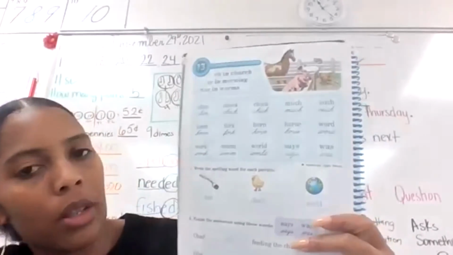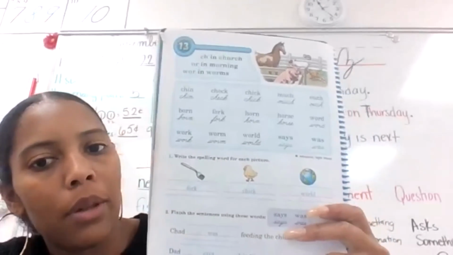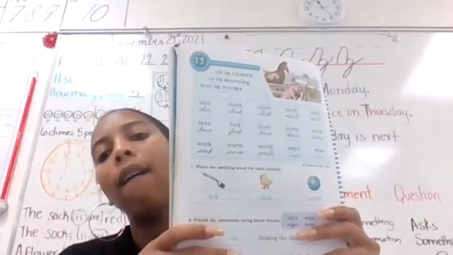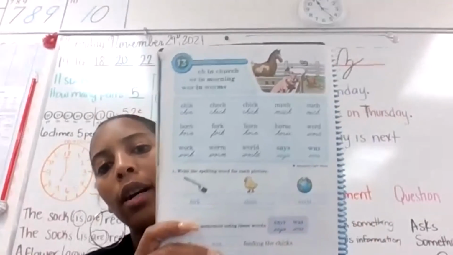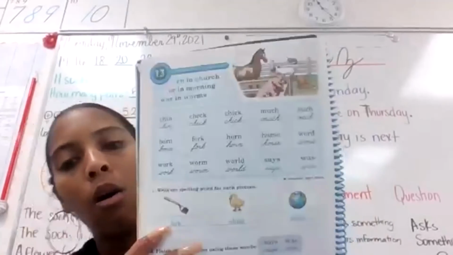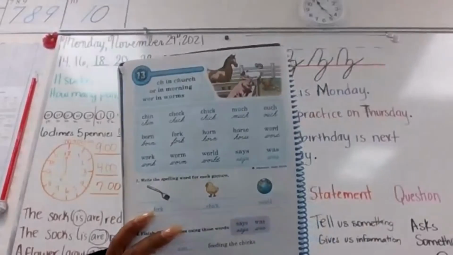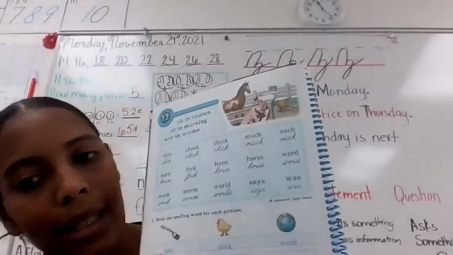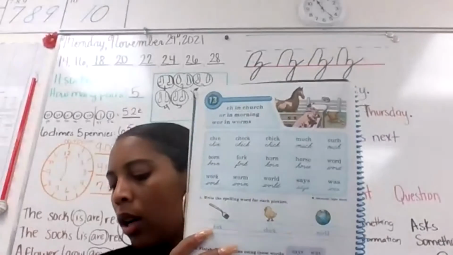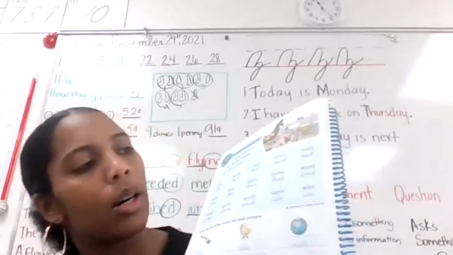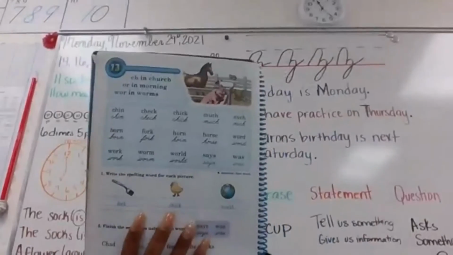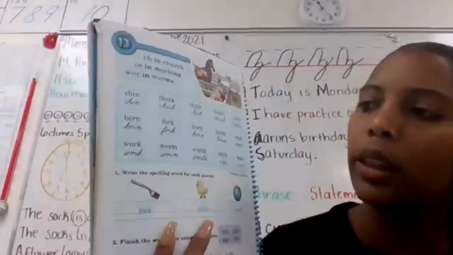OUCH, ouch. Next row, born. BORN, born. Fork. FORK, fork. Horn. HORN, horn. Horse. HORSE, horse. Word. WORD, word.